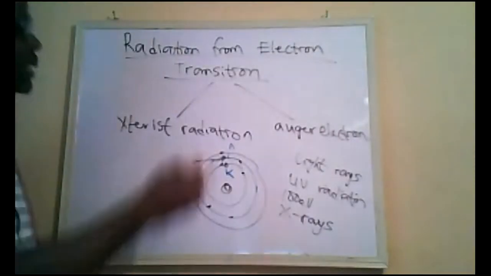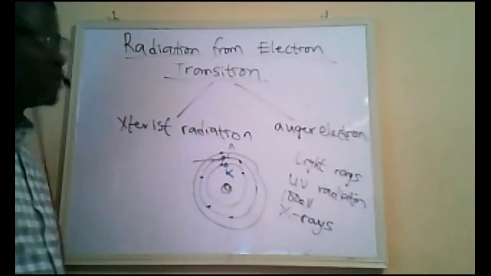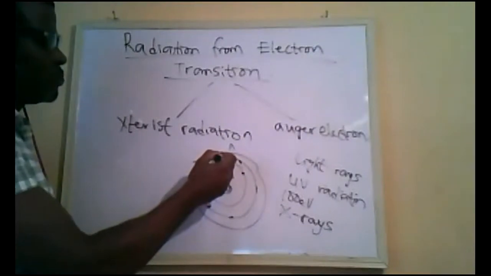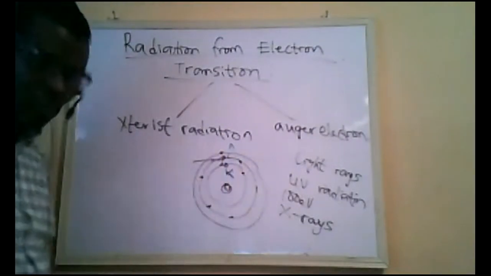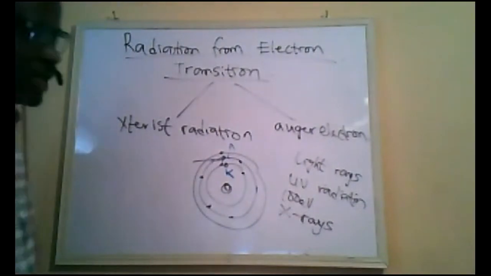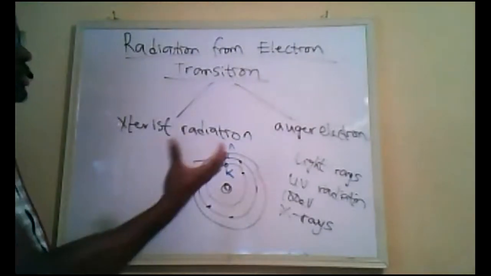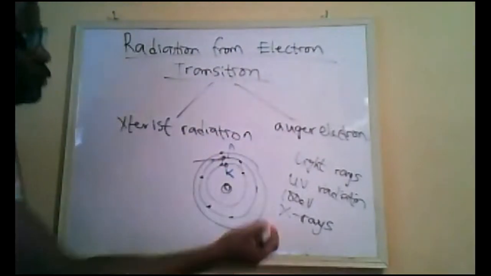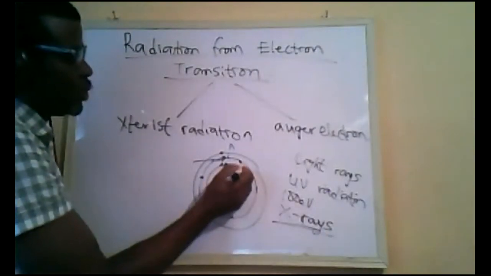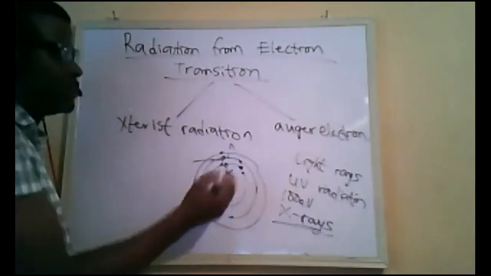At times, the transition from one shell to the other might not give us a characteristic radiation, because of the energy that has been absorbed by the electron. The energy that has been released in the form of this X-ray can just be taken up by another electron in that cascading shell.